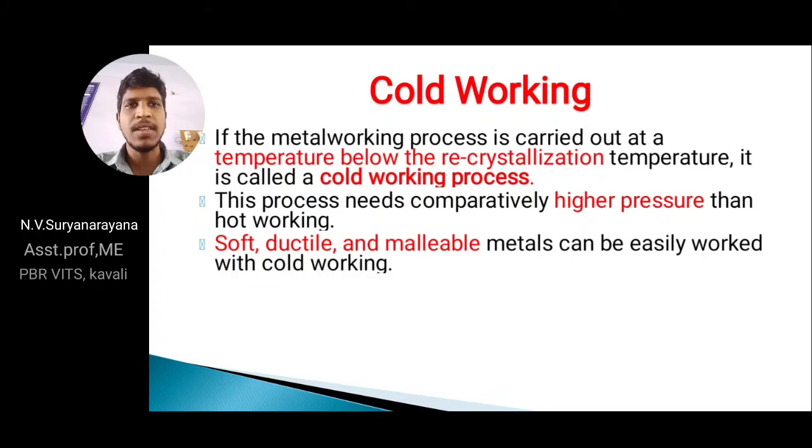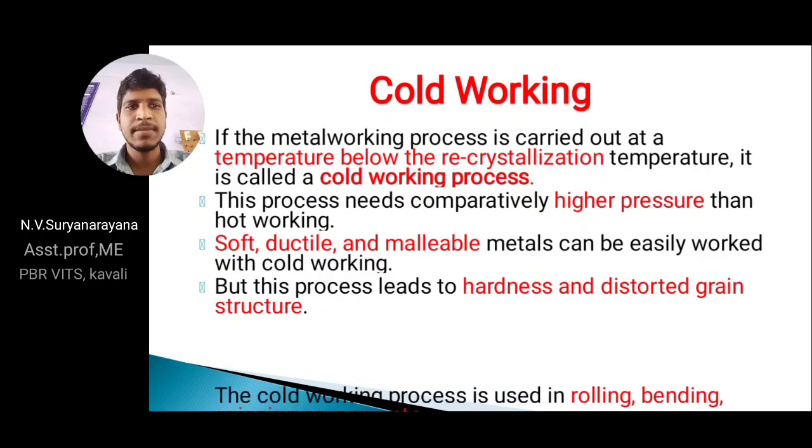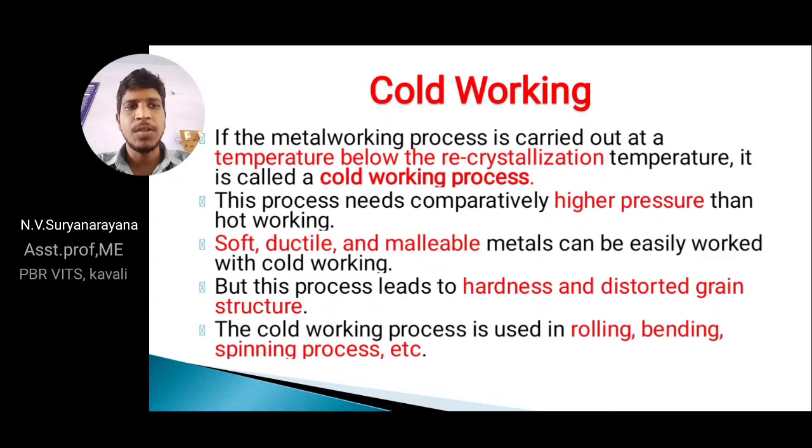Why? Because no heating process is there. Soft, ductile and malleable metals can be easily worked by cold working. The cold working process is used in rolling, bending, spinning, etc.